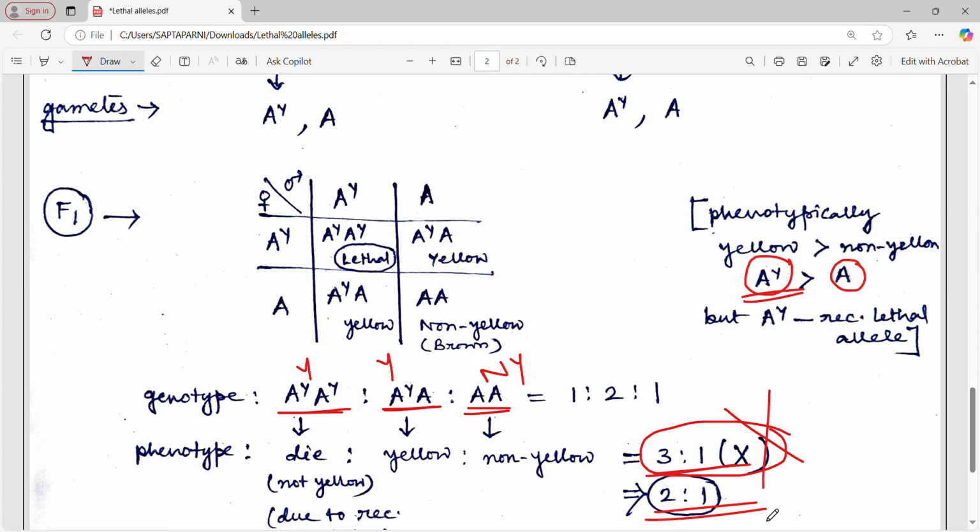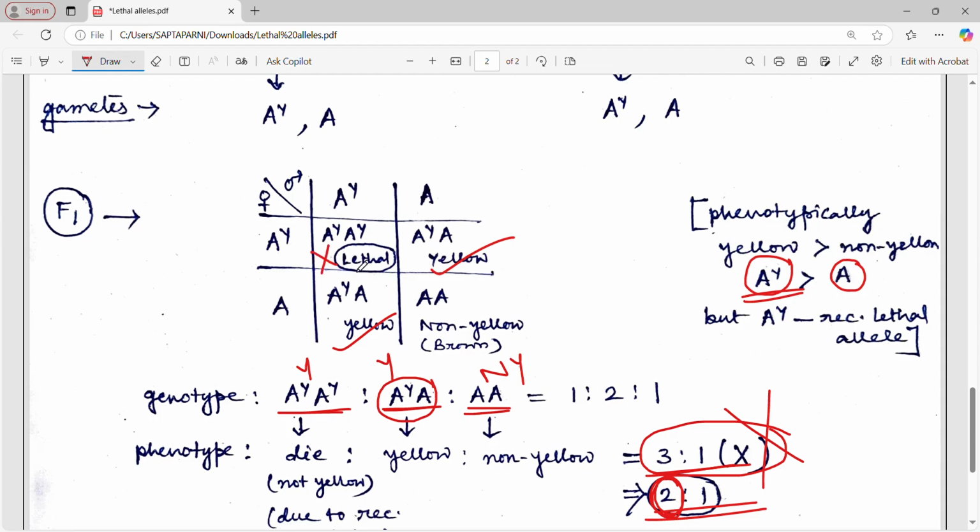When he examined the genotype of these yellow mice, he found that only heterozygote yellow mice are present. Two heterozygote yellow mice are there, but there are no homozygote yellow mice.